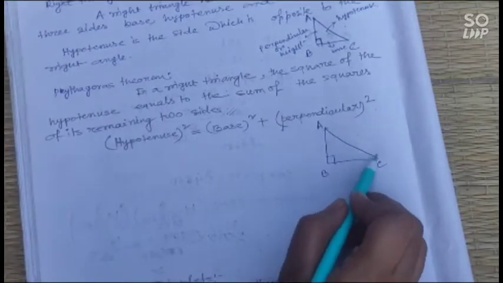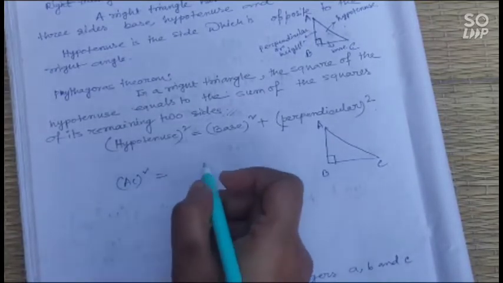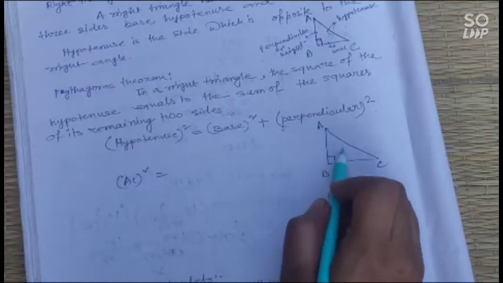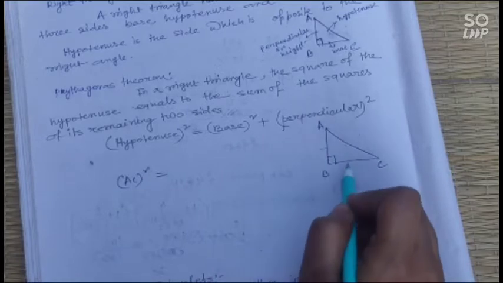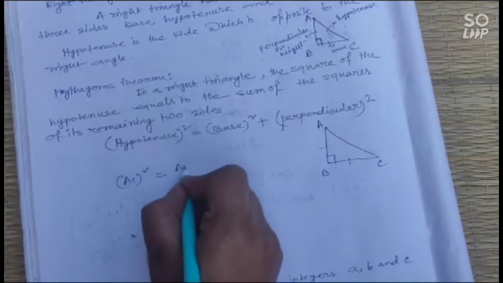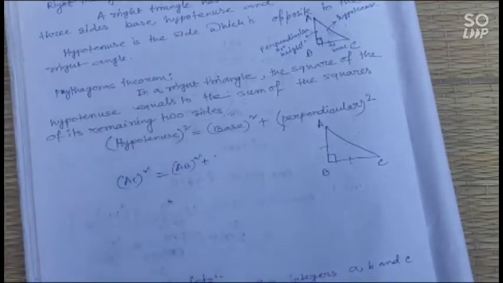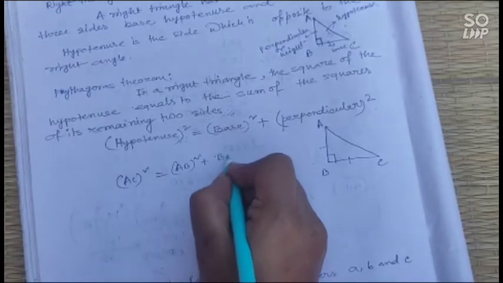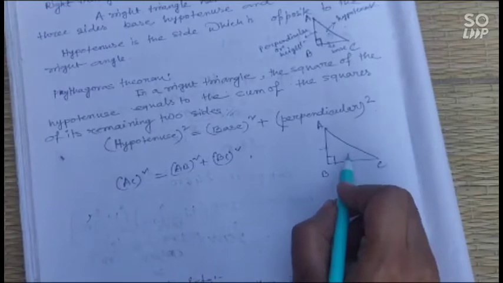So this is the hypotenuse, and we know that hypotenuse square, that is AC square, equal to the sum of the square of the remaining two sides. That is AB is the perpendicular, BC is the base. So AC square equal to AB square plus BC square.